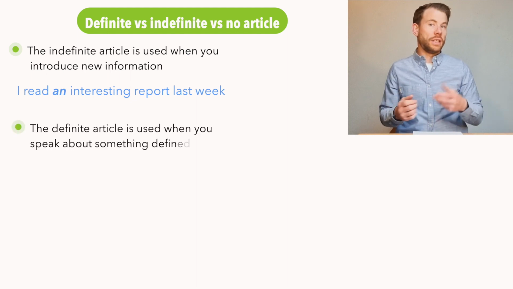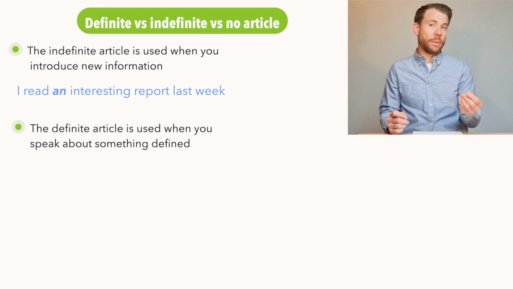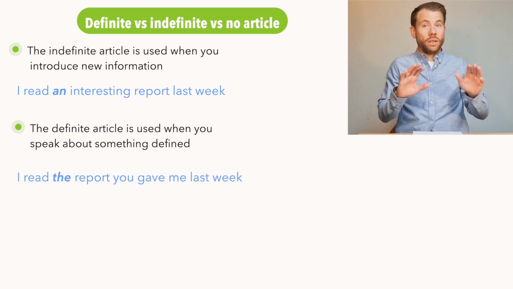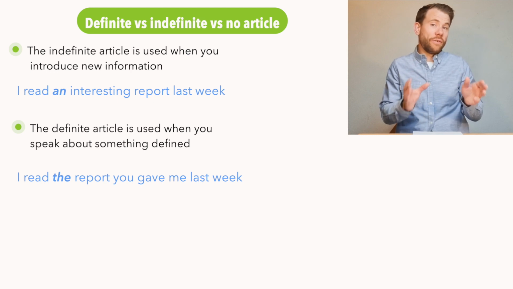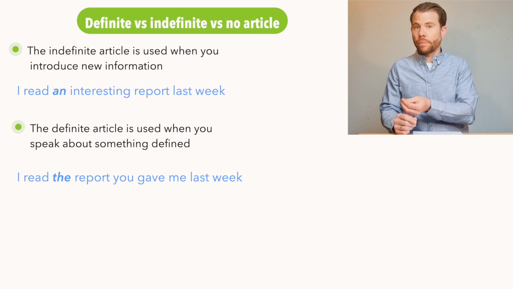The, or the definite article, is used when you're speaking about something defined. That's why we call it the definite article. So we know what it is you're talking about. For example, I read the report you gave me last week. So here, the report we're speaking about is defined. We know which one, so we need the definite article, which is the.